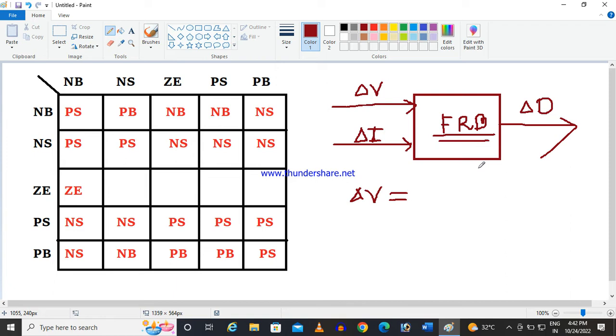So at every 1 millisecond the duty cycle will be changing. While designing the controller, you need to sense the voltage and current. How to sense them?